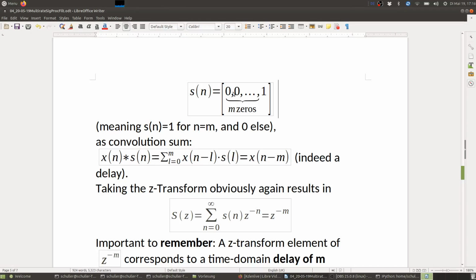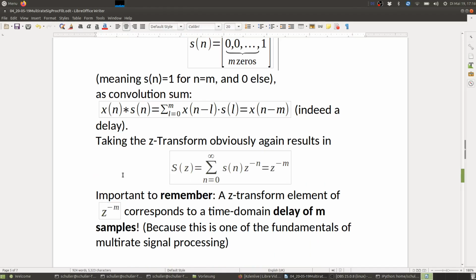Keep in mind here we start counting with 0. This is position 0, position 1, and so on, and this is position m. So it's indeed a delay by m samples. And when we take the z transform of this operator s of n, then of course we get the same result.